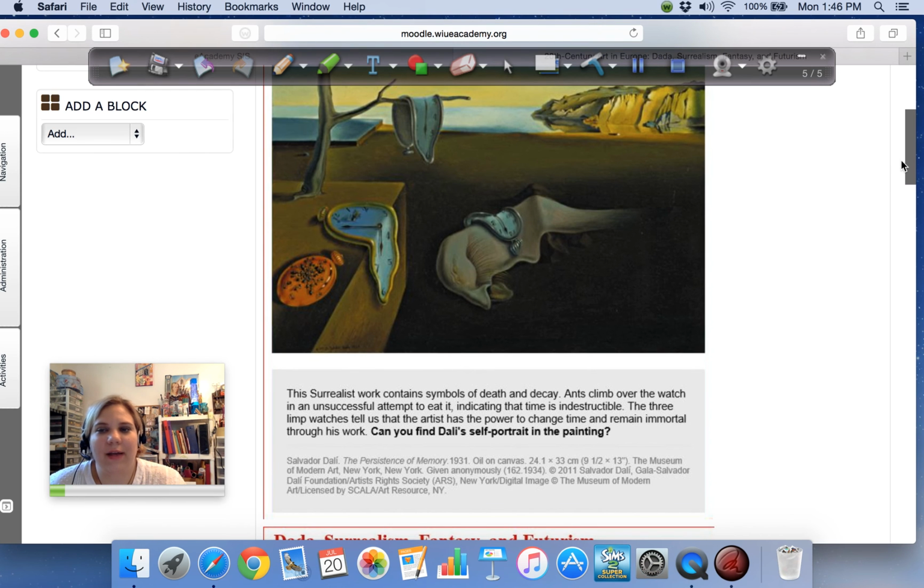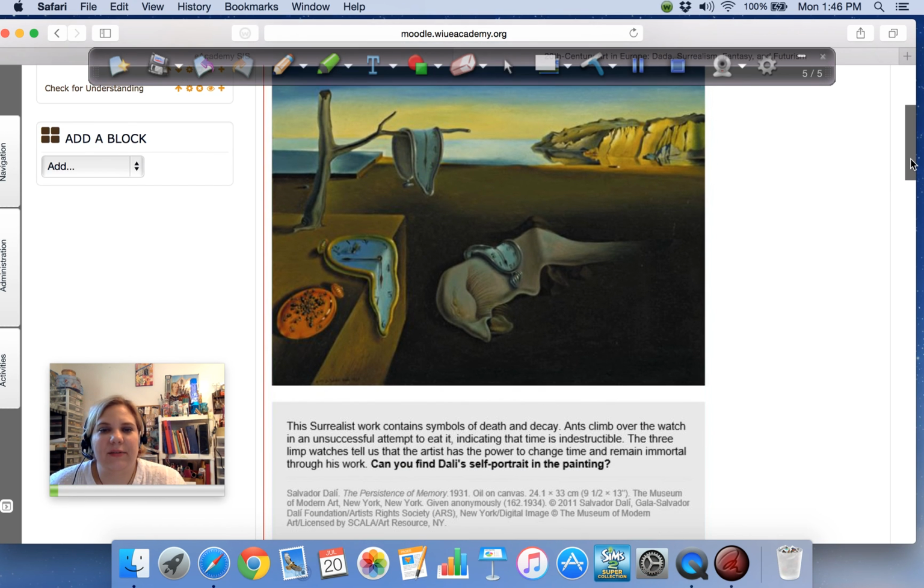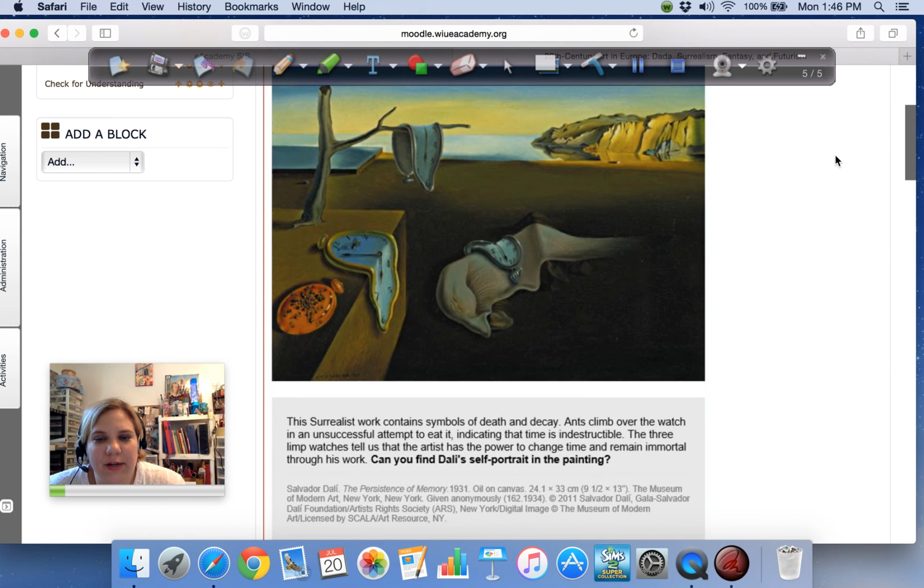Again, it's not happy scenes of mothers and children or people at parties. This is The Persistence of Memory, and this is Salvador Dali, arguably his most famous work, and a lot of people call it the soft clocks. This is at the Museum of Modern Art, MoMA in New York.